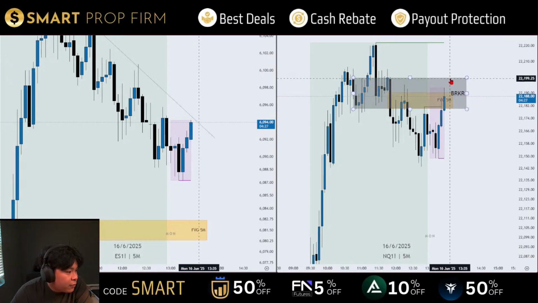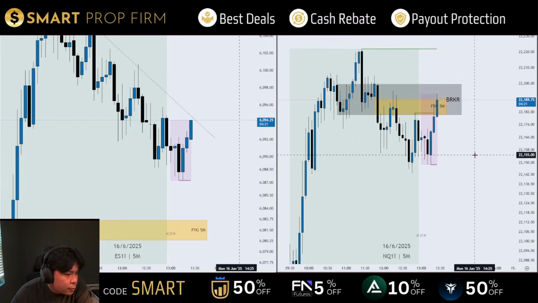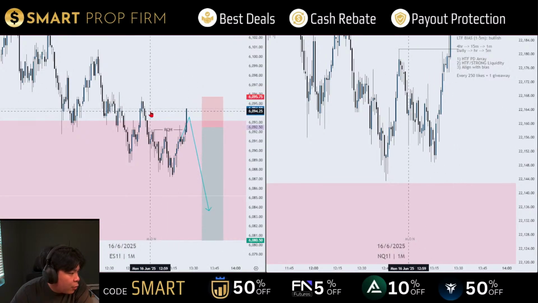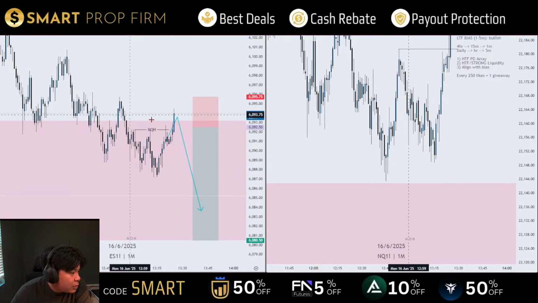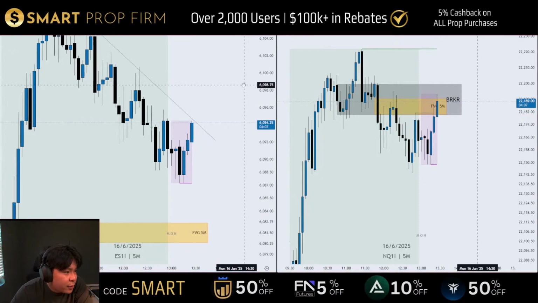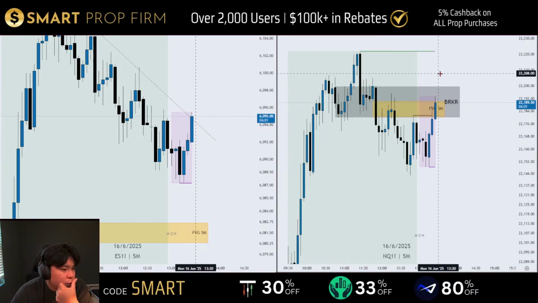We're about to get a 5-minute flip here too. Haven't got a low time frame flip yet. So you see here, I'm waiting to see if we can get a 30-second flip and 1-minute flip. We haven't got that. We took the highs I was looking for taken, but no flip yet for me. Don't think we're ready to short yet.